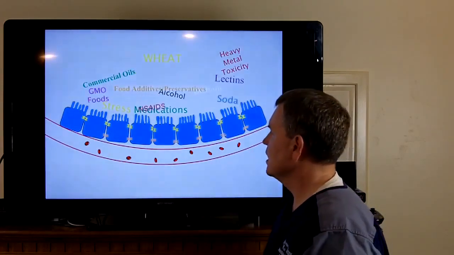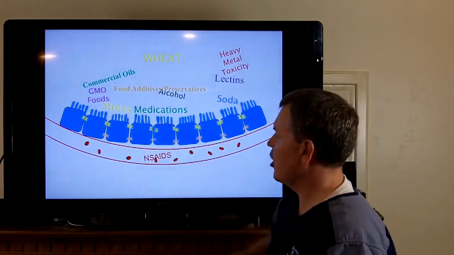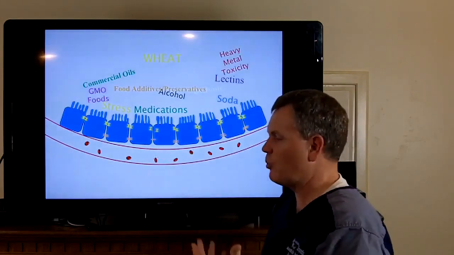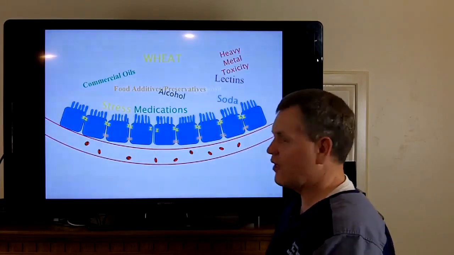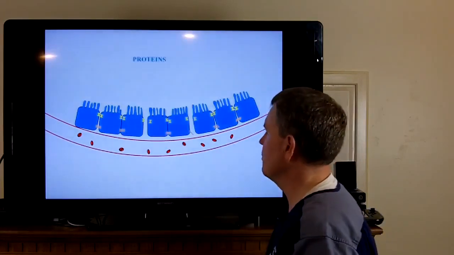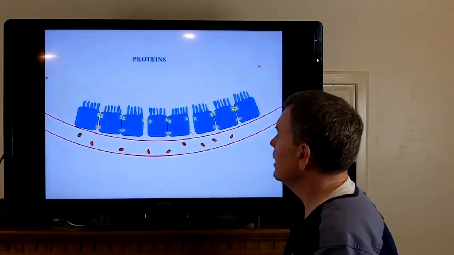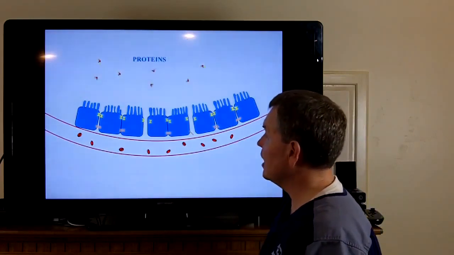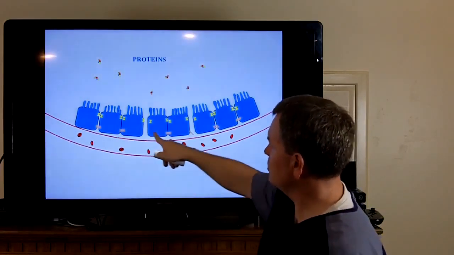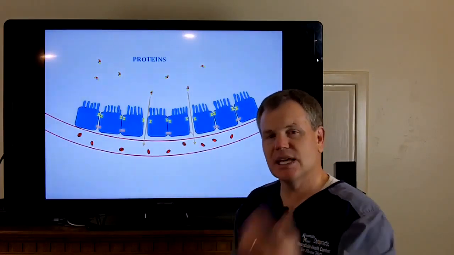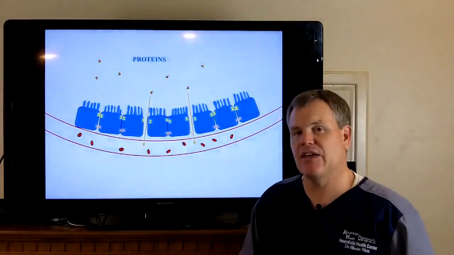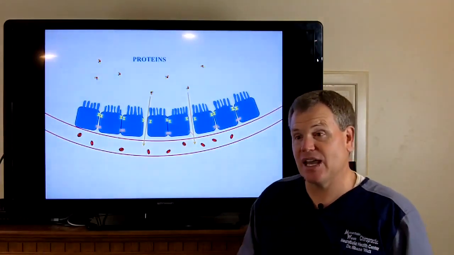But what happens is it causes inflammatory response, which opens up those tight junctions and those other junctions. And so therefore, things get into the bloodstream that aren't supposed to. So those proteins, now, even though they're too big, normally wouldn't get in, but see how these are separated? Now they're able to get into the bloodstream. And once they get into the bloodstream, our body doesn't like that. And when our body doesn't like that, it starts attacking.